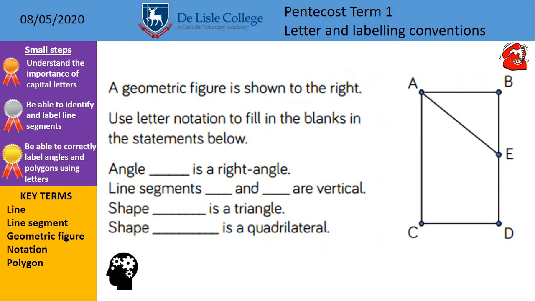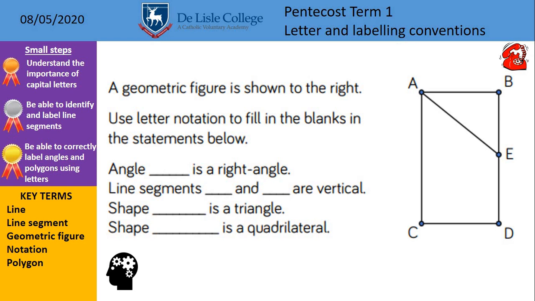So, a geometric figure is shown to the right there. We're going to use letter notation to fill in the blanks in the statement below. A right angle is 90 degrees, and there's quite a few on that shape. We can see at the vertex of C there, we could say ACD is a right angle, or you may have chosen ABD or BDC.